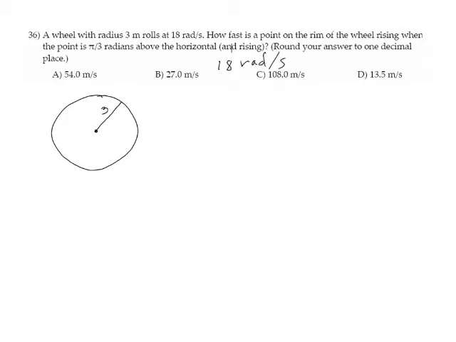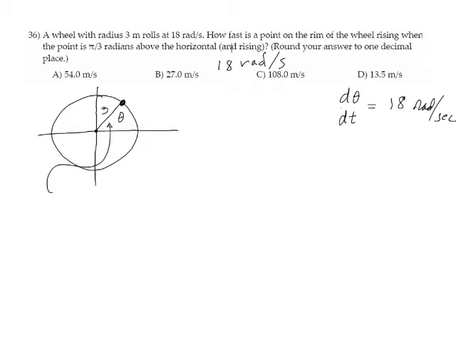So if we draw ourselves a little coordinate system here and let this be theta, we know that d theta/dt is equal to 18 radians per second. And we're asked to find how fast a point on the rim of the wheel is rising when this angle is equal to pi over 3. So how fast is it rising?